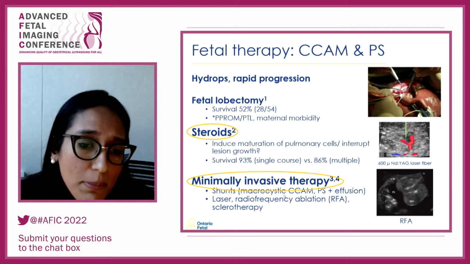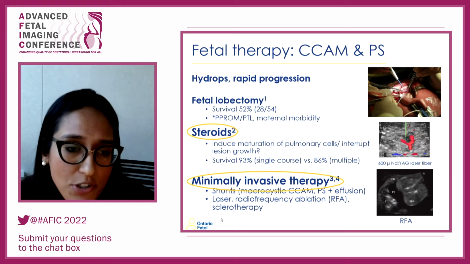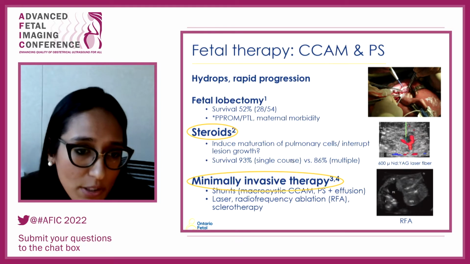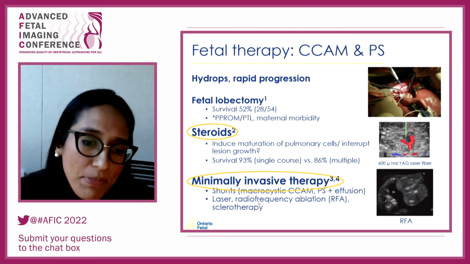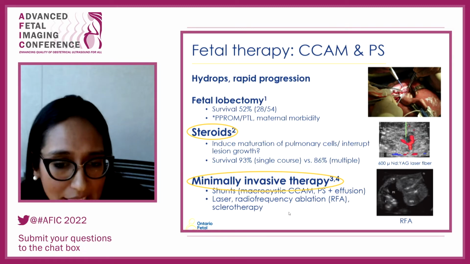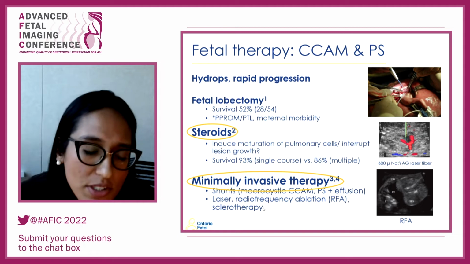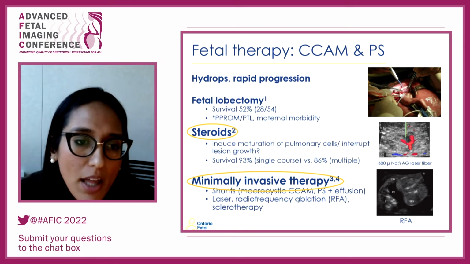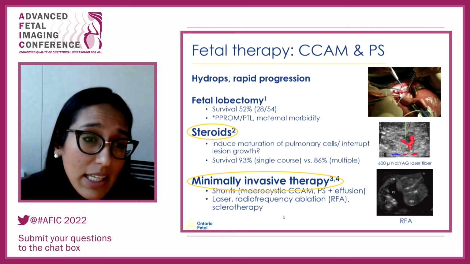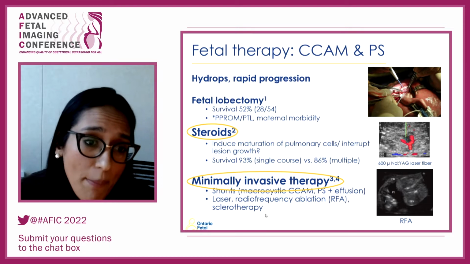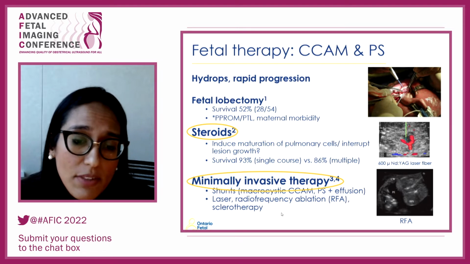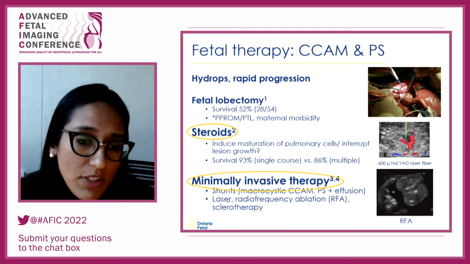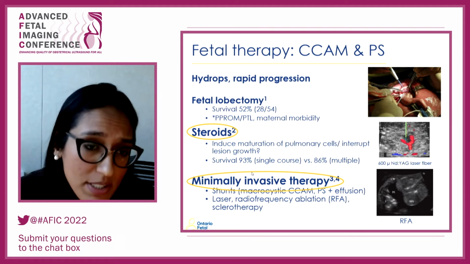We do use minimally invasive approaches to treat these if we need to. So things like steroids, as well as sometimes ablative treatments for fetal feeding vessels or drainages if there's a significant fluid accumulation. But if they are significantly rapidly progressive or hydropic, those are reasons for these pregnant moms to be seen in a fetal therapy center where they may offer some kind of treatment.